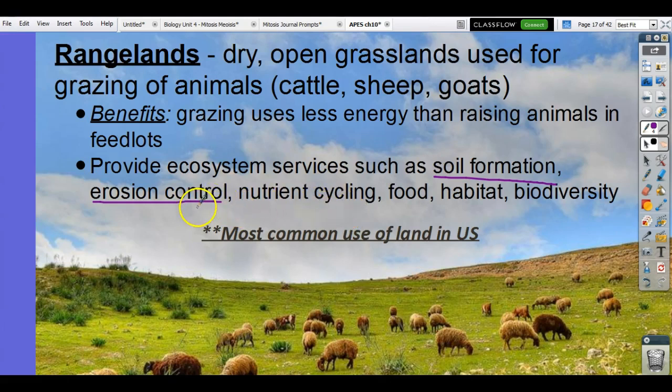So as long as you're not overgrazing and you still have some of the plants left and roots, they're going to hold that soil in place. Nutrient cycling. So again, that waste is going to be cycled. Provides food. Okay. Provides habitat for other organisms, allows for increased biodiversity. So there's a lot of benefits. The key here is we just got to make sure that they aren't overgrazed or overused.